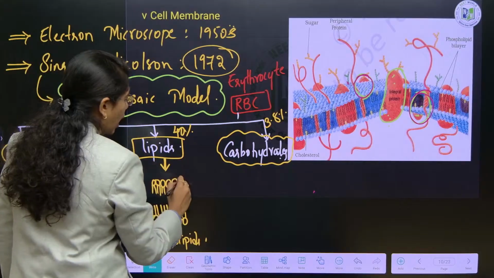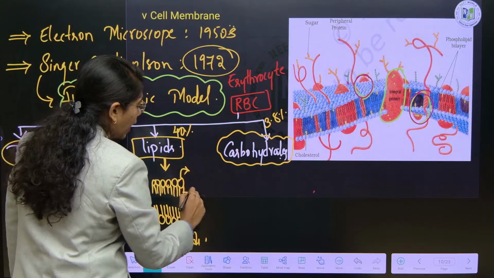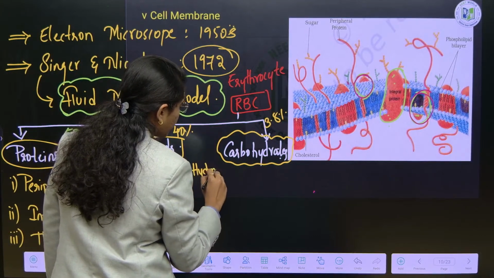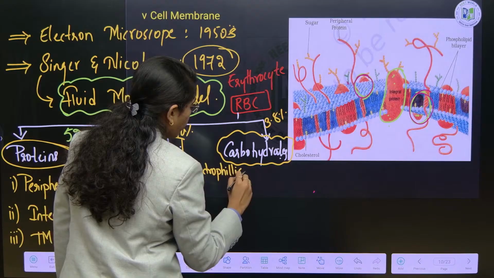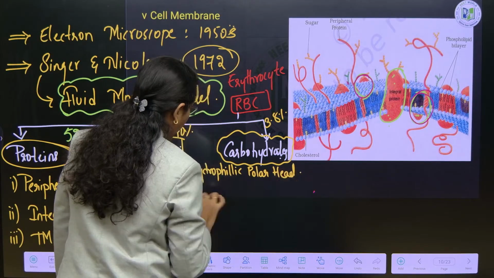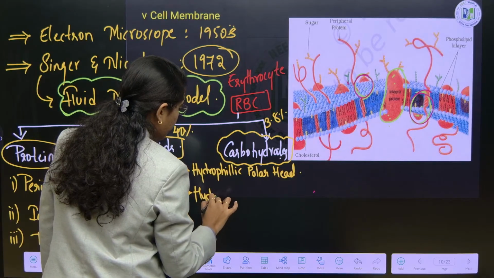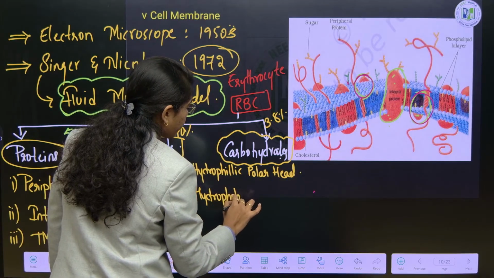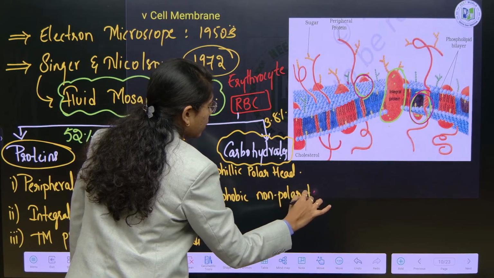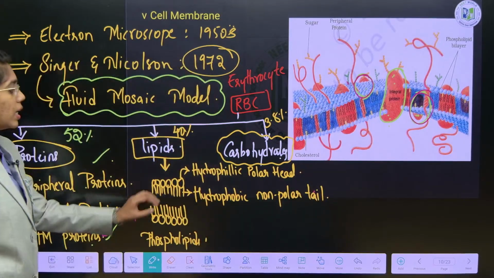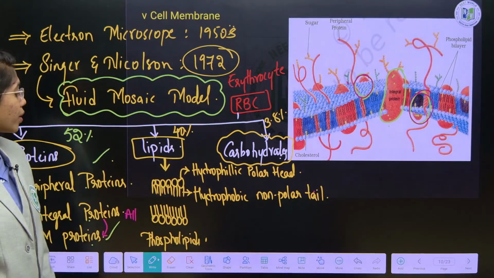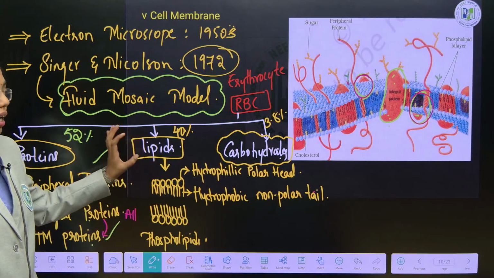A lipid has a hydrophilic polar head and a hydrophobic non-polar tail. These are the two ends: one is the hydrophilic polar head and the next is the hydrophobic non-polar tail. This is the lipid composition.